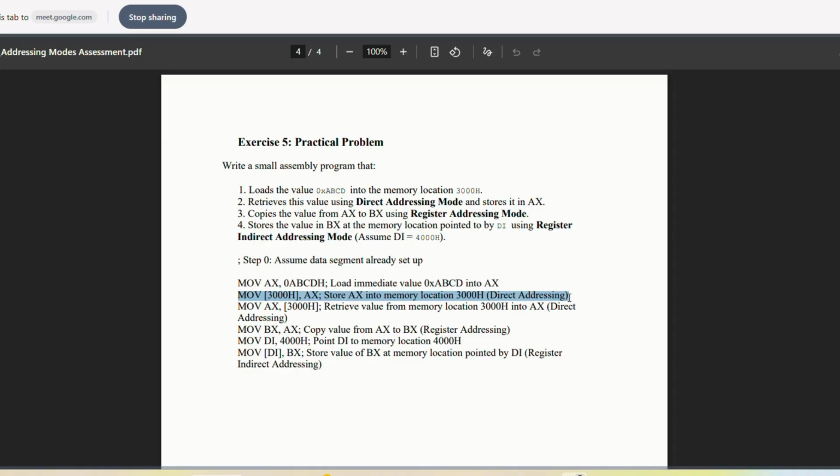Then the third one, MOV AX, [3000H], which retrieves the value from memory location 3000H and loads it back into AX. So it is like swapping. Then the fourth one, we'll MOV BX, AX.